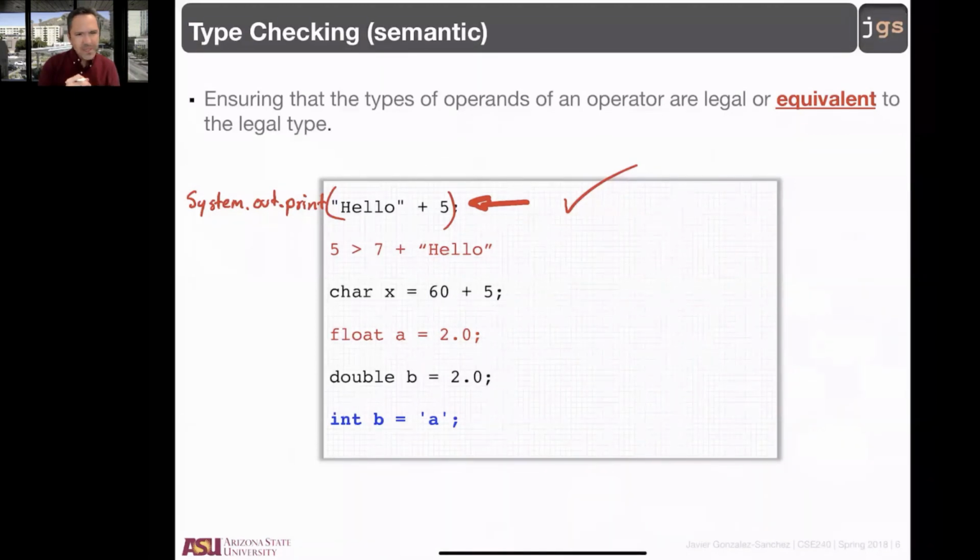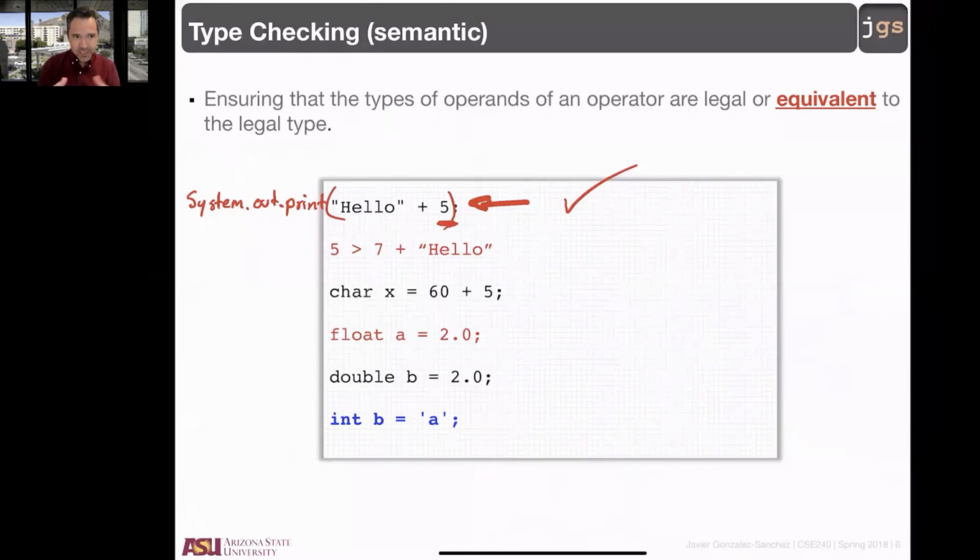Why? What happened there? We do not ask for a casting, but what did Java do with this? Semantical rule. Always, always, always, if you try to add something to a string, Java is going to transform the something to a string, and then after transforming this to a string, it's going to put the two strings together.